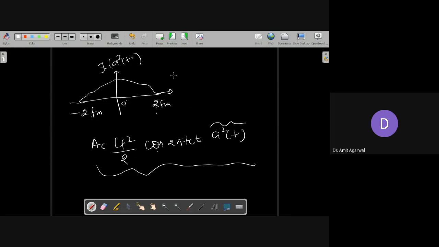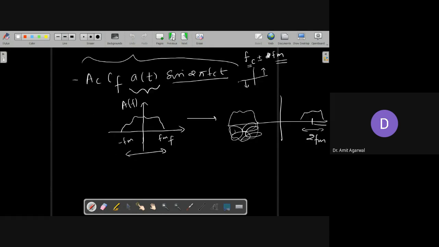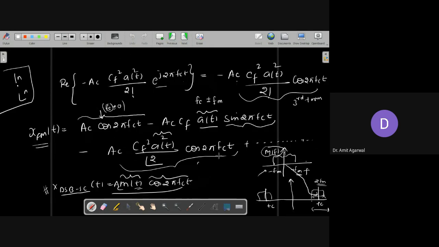If we multiply it with cos 2 pi Fct, the Fourier spectrum of the resulting signal will be the shifted version, right? It will shift to minus Fc and Fc, but the width will remain the same, minus 2Fm to 2Fm. So we can say that the spectrum of this will be centered around Fc and the support will be from Fc minus 2Fm to Fc plus 2Fm.